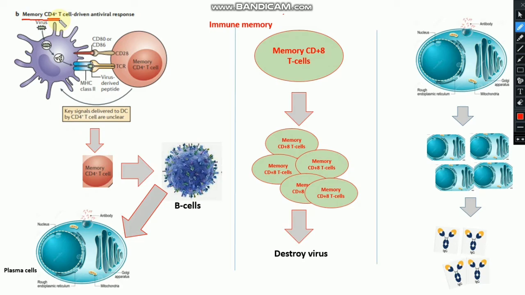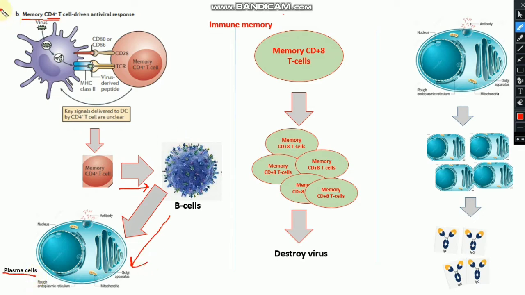These cells are also very much trained, and when reinfection occurs, these memory CD4 T cells recognize the specific pathogen and stimulate the B cells to produce antibody. These B cells produce plasma cells, and these plasma cells are very specific and can generate the antibody.